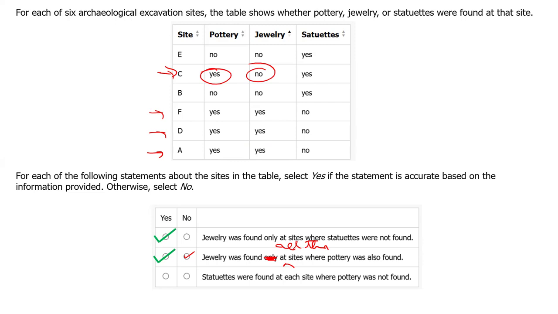So these would be various modifications which would have resulted in a no as the answer. Okay, now let's come to the third one.